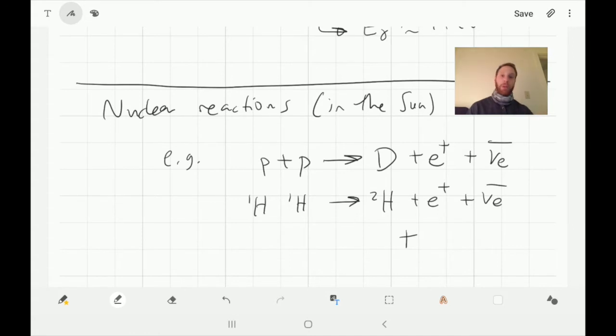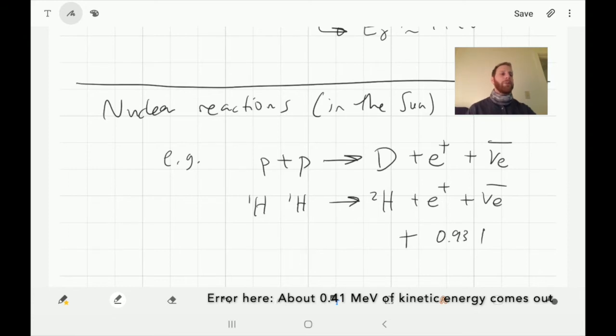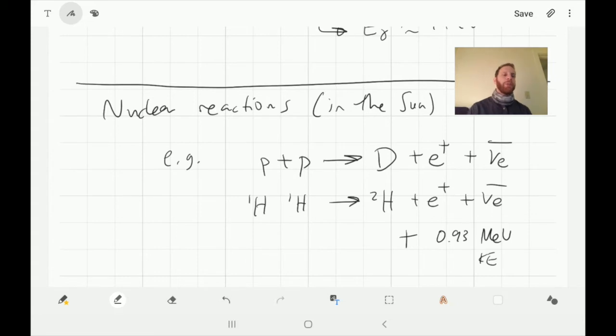For it to be energetically favorable, it would have to do that, plus about an MeV, or about 0.93 is what I calculated, of kinetic energy, which is shared between the different particles, but primarily goes into the positron and the antineutrino. So this kind of reaction occurs in the sun, and you can see that the energy scales involved are of order MeV. This reaction can't occur in the early universe. It just simply wouldn't happen with high enough probability.